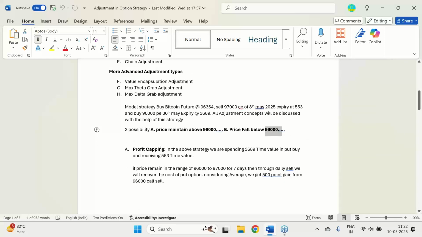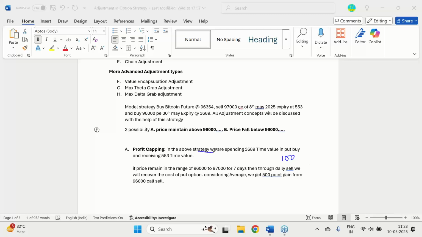The first adjustment is called profit capping. Earned profit, we will cap it. Suppose we have earned $100, we will cap it. So this $100 will be retained in our hand, and anything that comes after that will be small. We will wait for one more opportunity when it will be favorable to us.